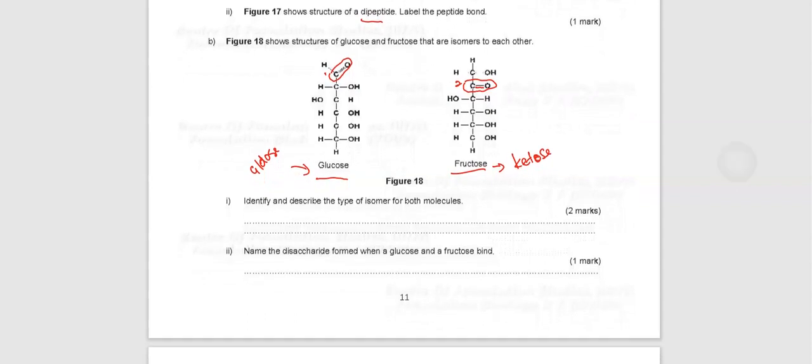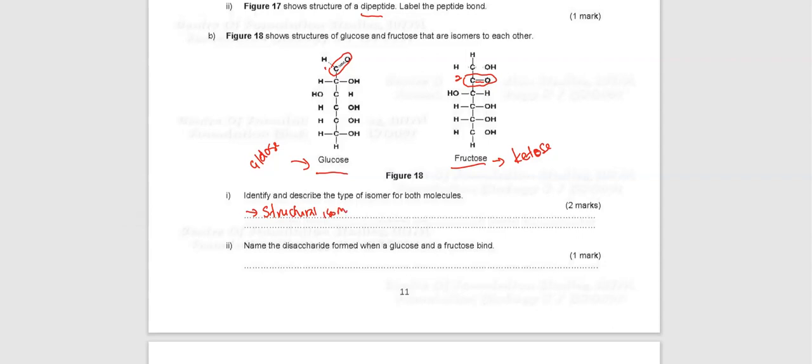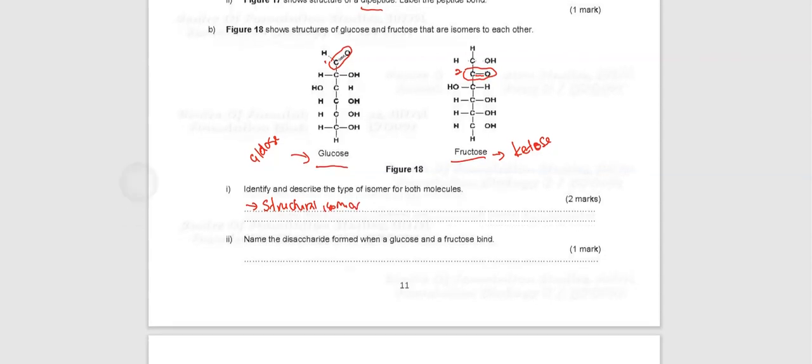Identify and describe the type of isomer for both molecules. Because they are structurally different but both have the same molecular formula, they are structural isomers. That is 1 mark for identify, and then you have to describe.